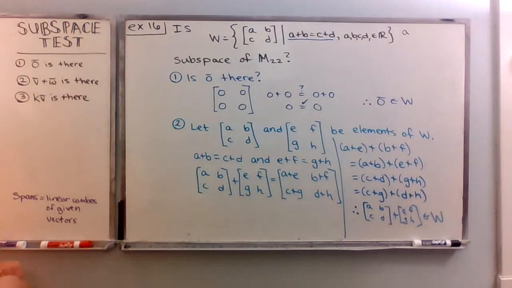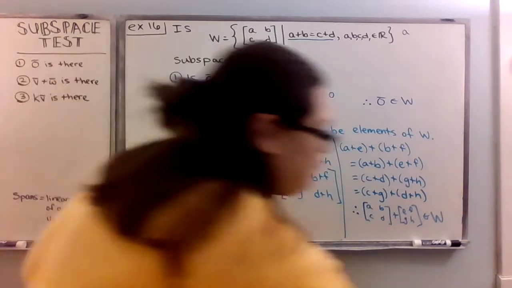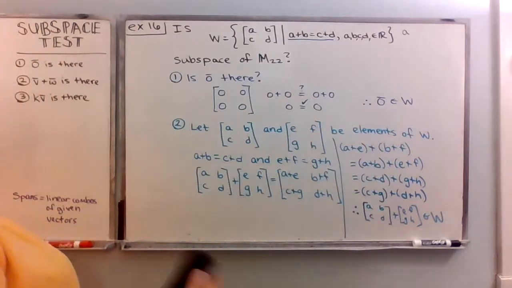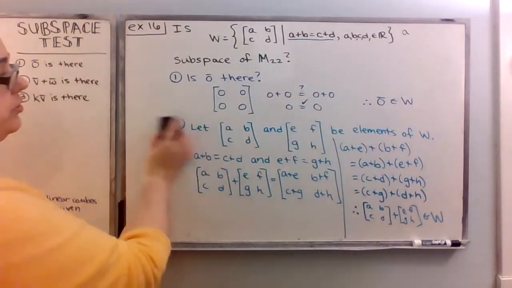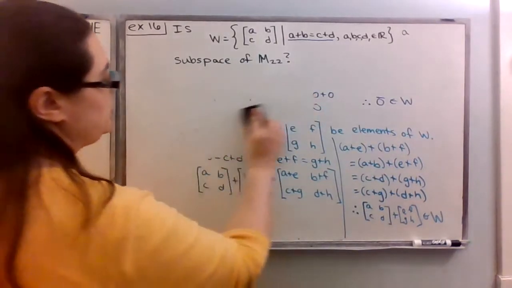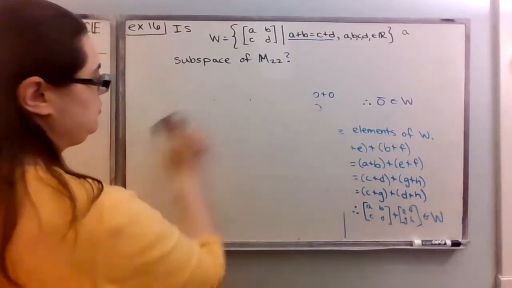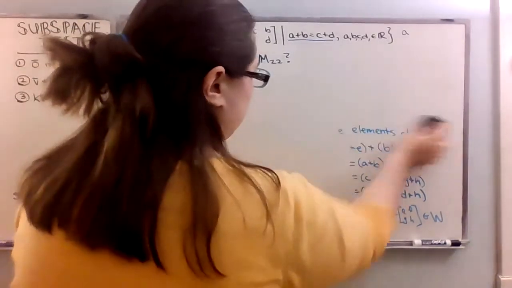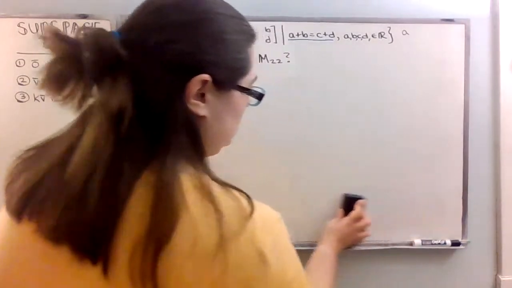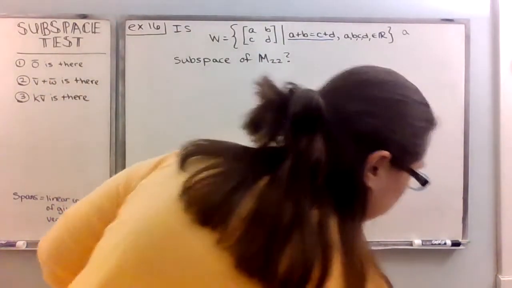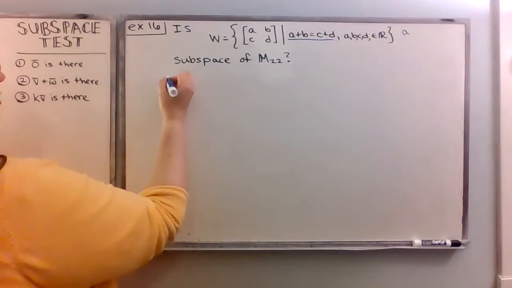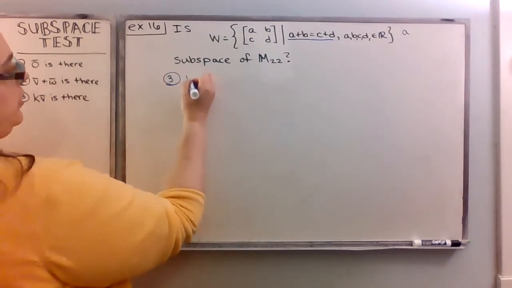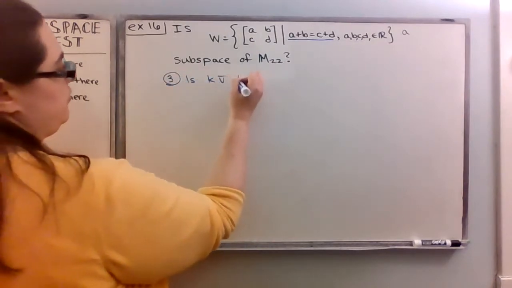This now just means that we have to show that we are also closed under scalar multiplication. So I'm going to have to erase to give myself some space here. But this one's going to feel very similar to number 2. So 3 is KV there.